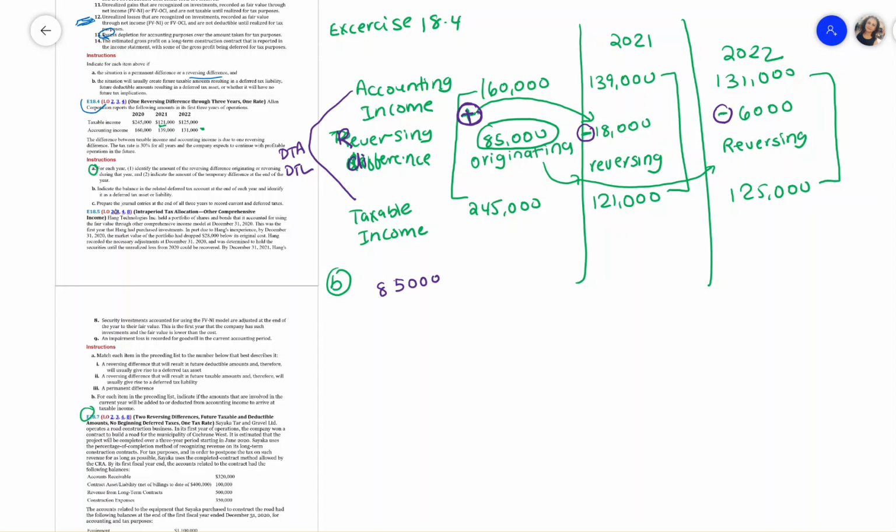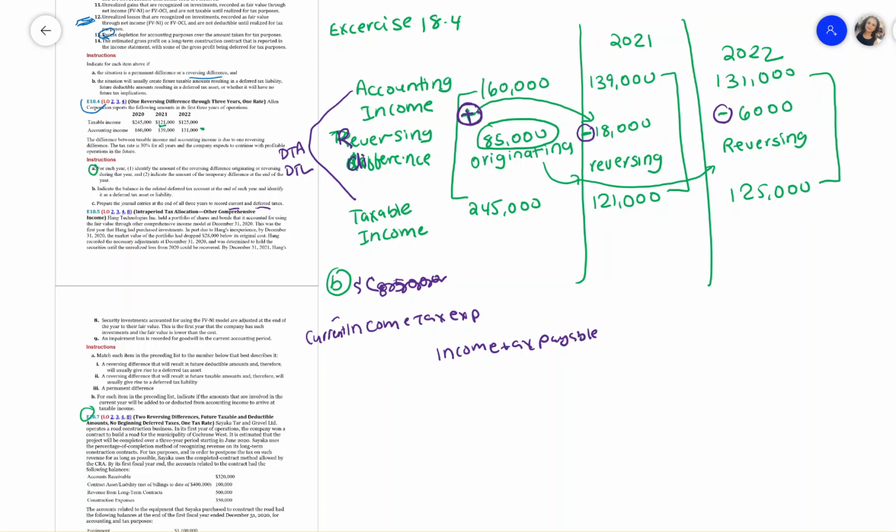They're saying to prepare the journal entry at the end of each year to record the current and deferred income tax. So we'll answer B and C together, because we want to do the income tax entry. The first entry is to debit current income tax expense, and the credit is income tax payable. When you have an income tax payable, you have to take the taxable income.